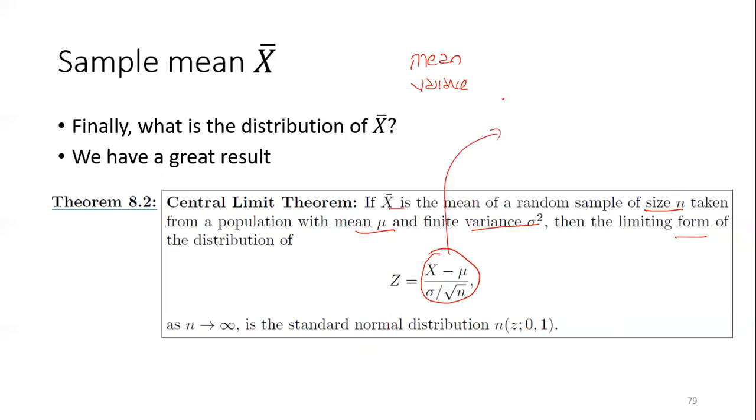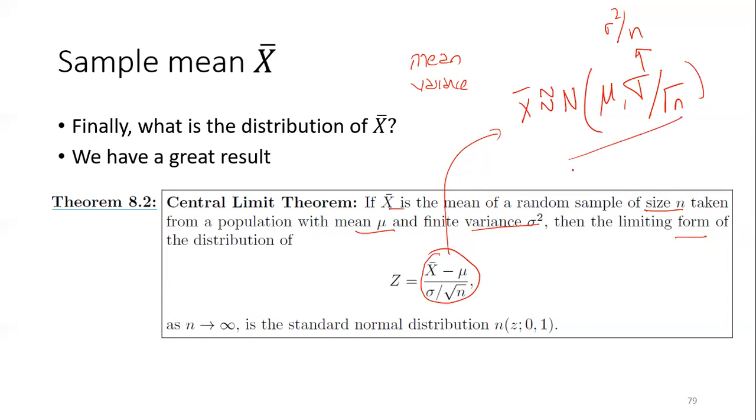Or in other words, x bar is approximately normally distributed with mean mu and standard deviation sigma divided by root n. And remember, the variance was sigma squared divided by n, and the standard deviation is sigma divided by root n. Okay, so this is an approximation. As n goes to infinity, this is correct, and the approximation gets better. But the general rule of thumb is if n is greater than or equal to 30, this approximation works very well.